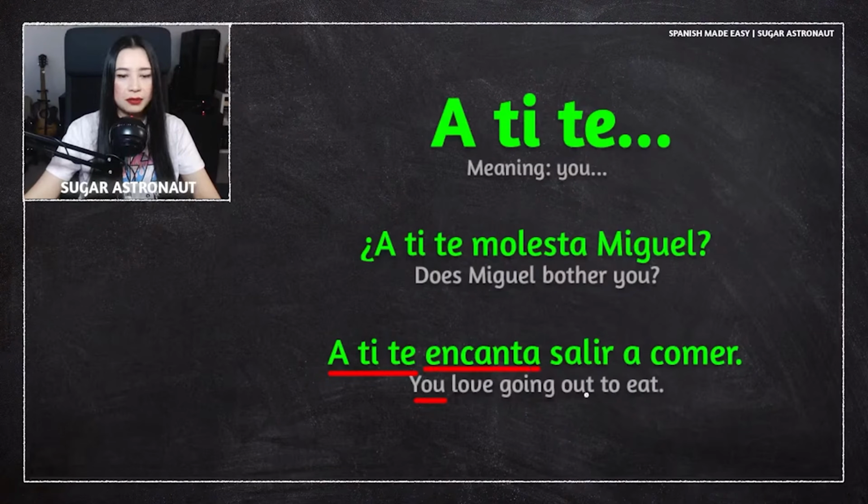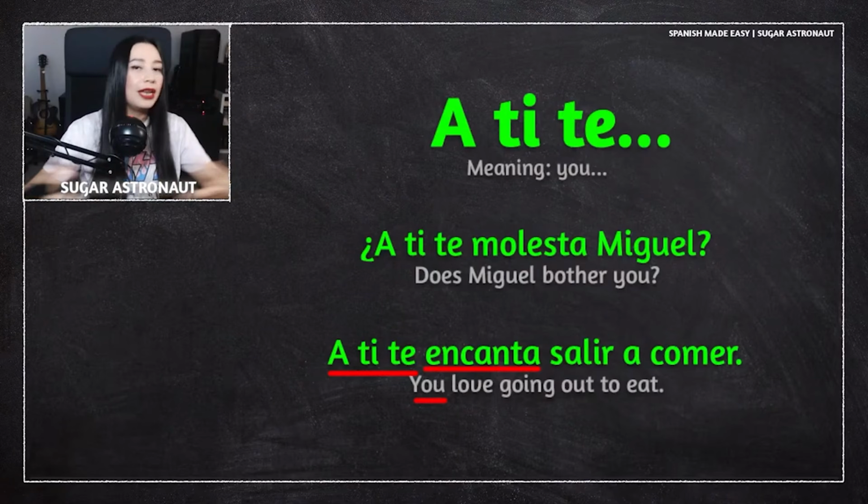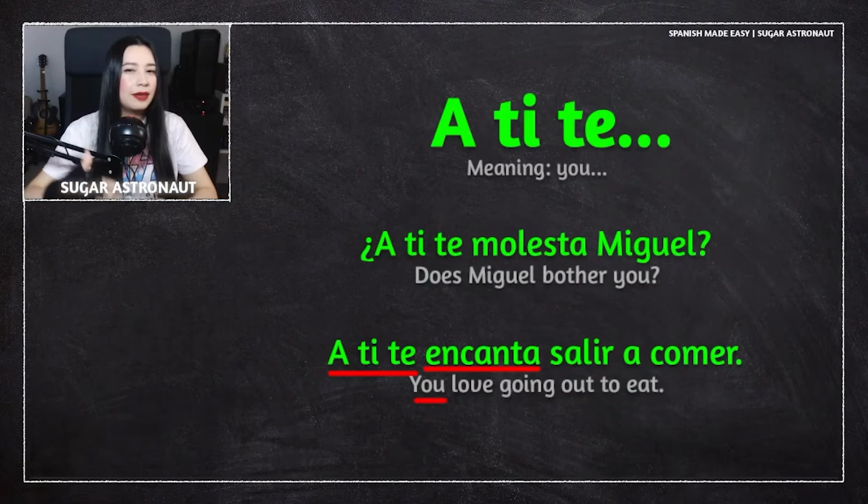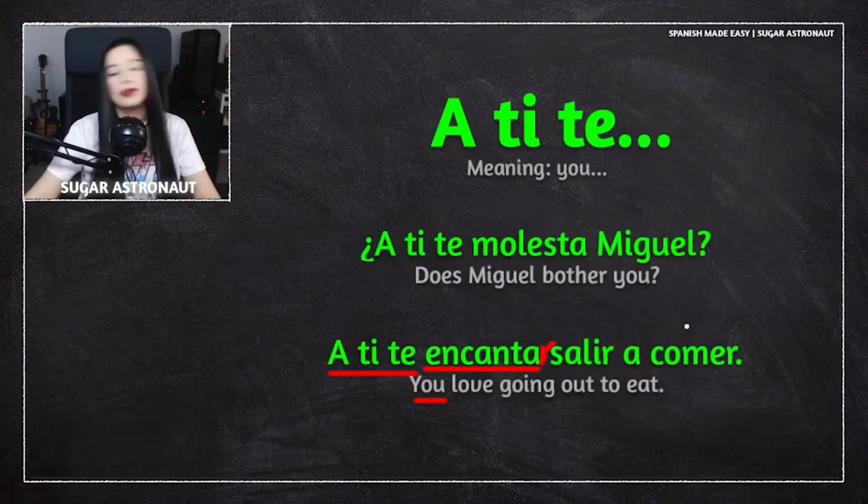Encanta comes from the verb encantar, which means to love, to like, okay? It's similar to gustar, but it's a bit more intense. You're loving it. Similar to liking or loving, okay? To do something specifically. And once again, we just removed the letter R, encantar, to like, to love.